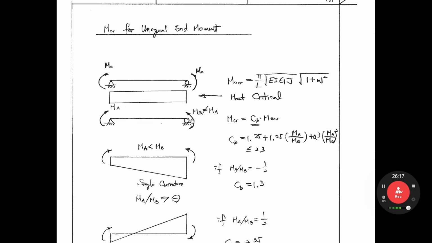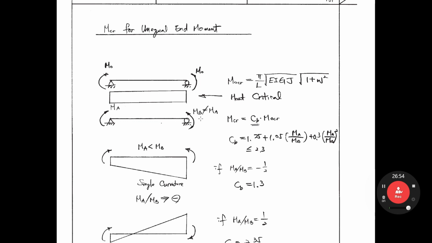If we have different moments, let's say here M0, here 0.5 M0, in that case the beam strength regarding lateral torsional buckling increases if the moment magnitudes are different.